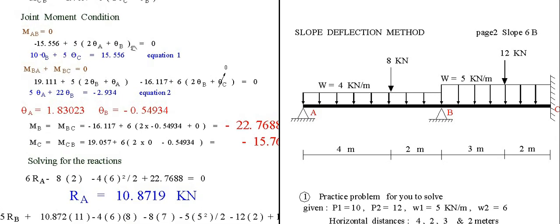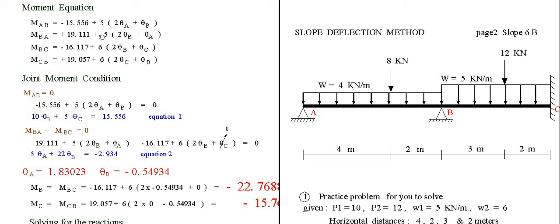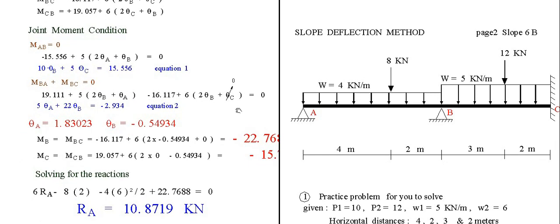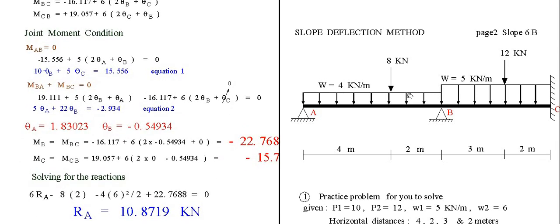What is moment BA? Here BA, copy this: 19.11 plus 5 times 2 theta B plus theta A. Then BC, copy this: minus 16.117 plus 6 times 2 theta B plus theta C. Okay, now theta C here is 0.